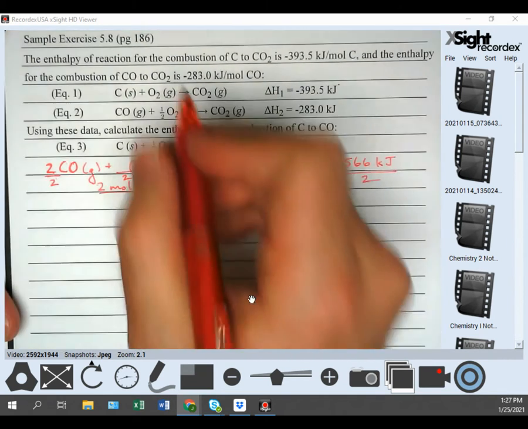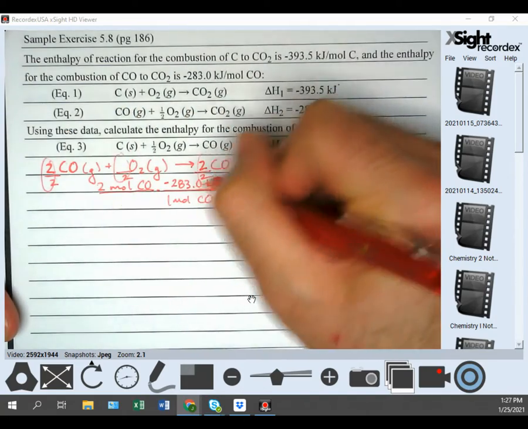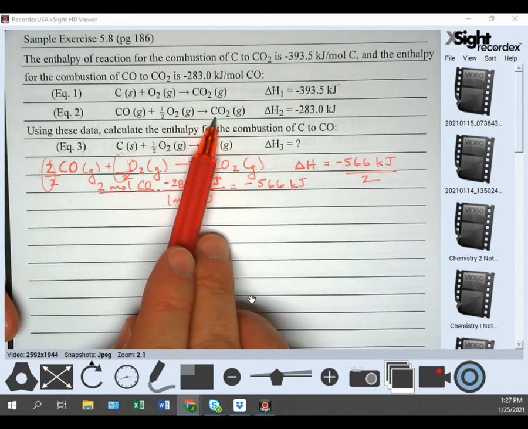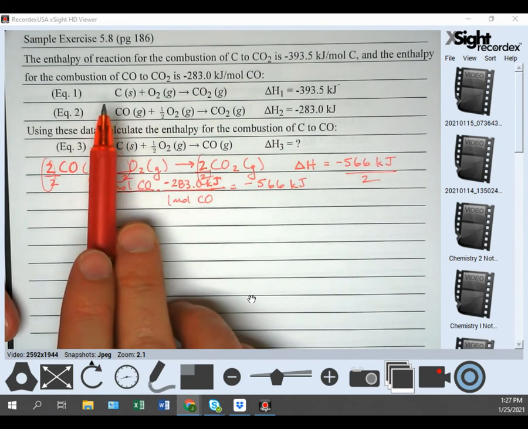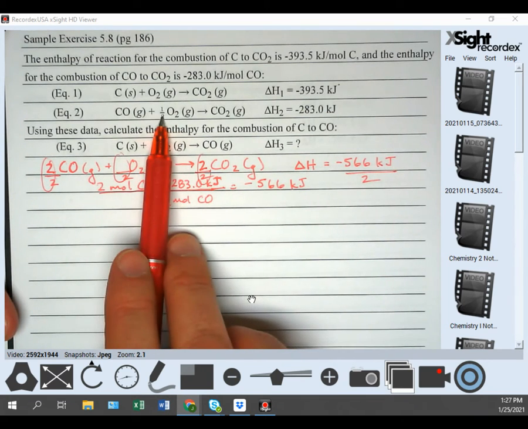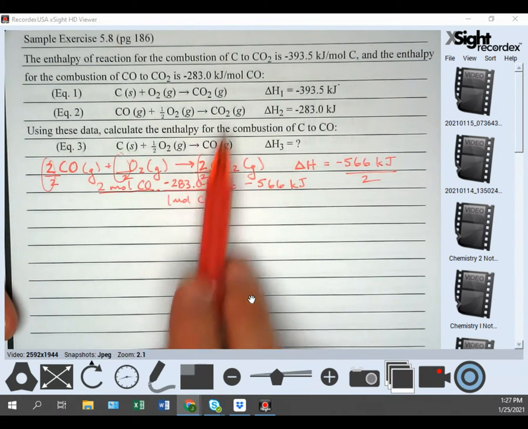Okay, so now everybody see where the numbers are coming from now? Here. So it's now a 1 here. This, in front of oxygen, becomes a 1/2. And in front of your CO2, it becomes a 1, because it's 2 divided by 2.